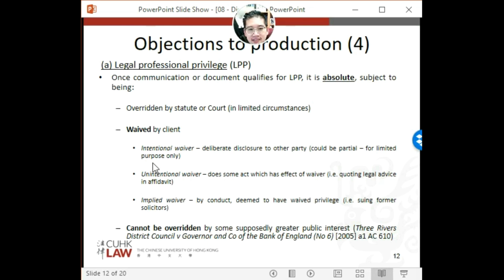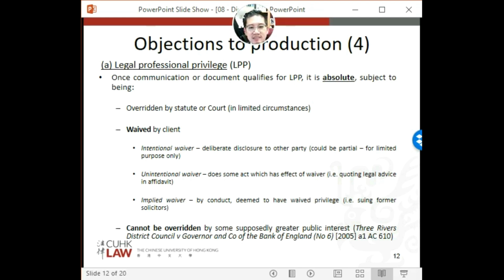Examples here are intentional waiver. So I deliberately disclose it to the other side. Or unintentional. Let's say I did some act that had the effect of waiver. For example, in my evidence or in my witness statement or in my affidavit, I quote legal advice that I received. So I unintentionally give up my privilege.